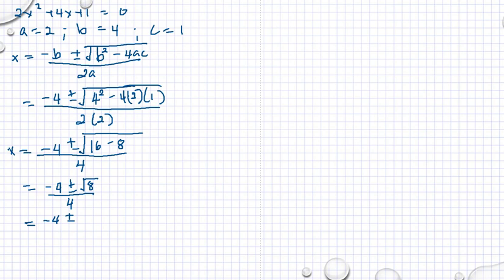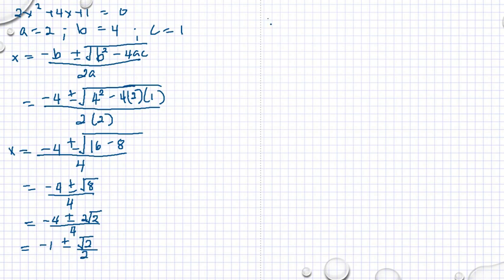Simplifying, 8 is 4 times 2, so we have 2 square root of 2 divided by 4. And then we have negative 1 plus or minus the square root of 2, divided by 2.